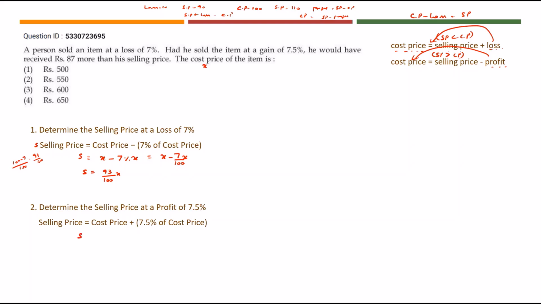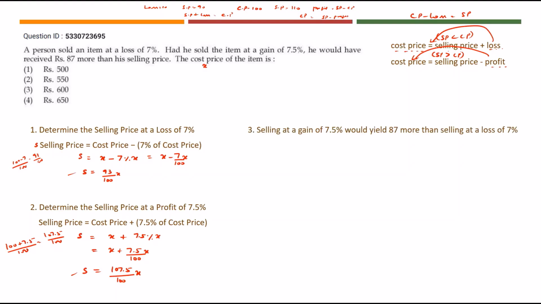So selling price is equal to cost price X plus 7.5% of X. This can be written as X plus 7.5 divided by 100 into X. So when you take LCM, this becomes 100 plus 7.5 divided by 100, which is equal to 107.5 divided by 100. So we can take this as 107.5 divided by 100 into X.